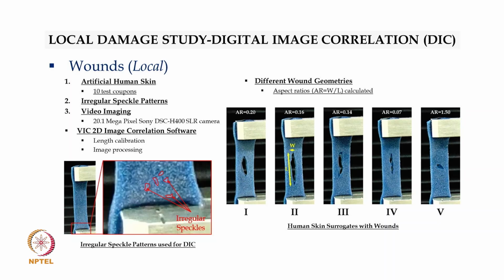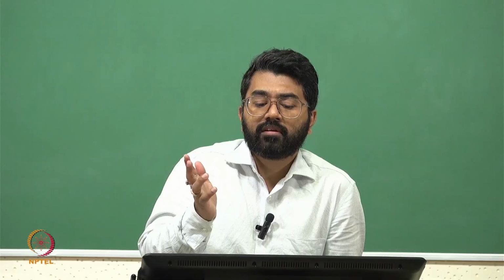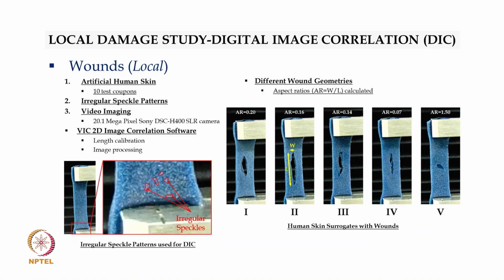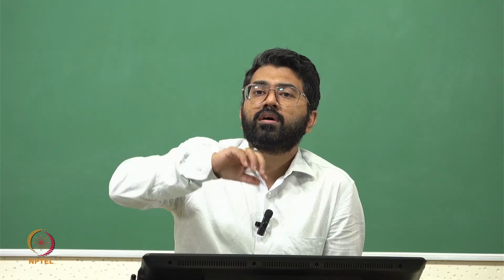Then the next thing is, we put a spray paint. We have to select a spray paint which is of a unique or distinct color. So here we have chosen a spray paint which is white in color. This spray paint has to be handled very carefully. If you spray the specimen from very close, it is going to create not a spray but a complete layer. If you spray it from a long distance, there will be a lot of gaps between the spray particles.